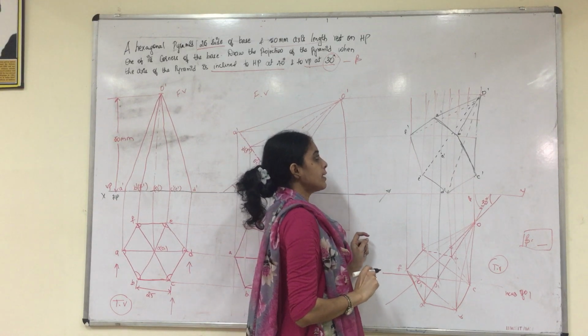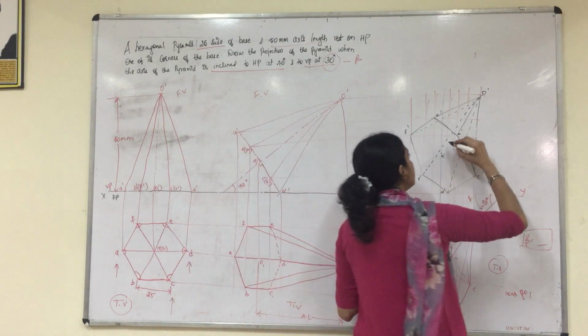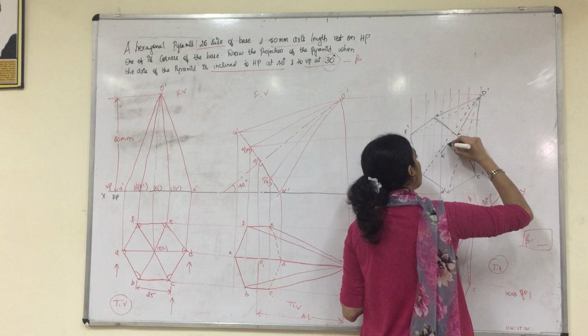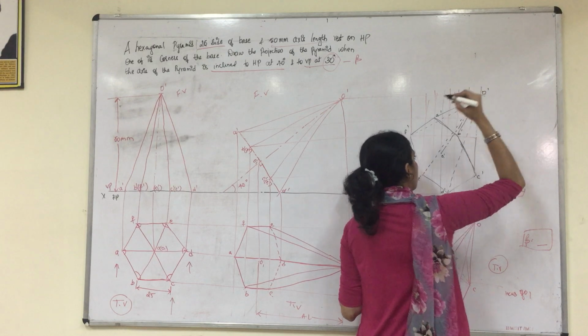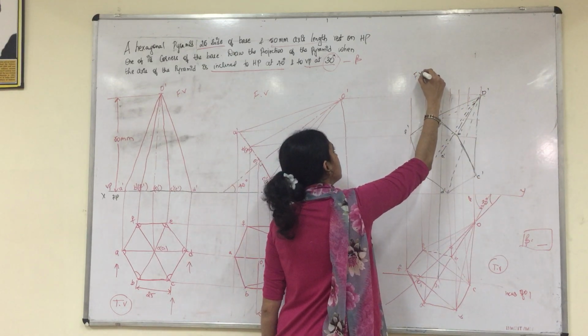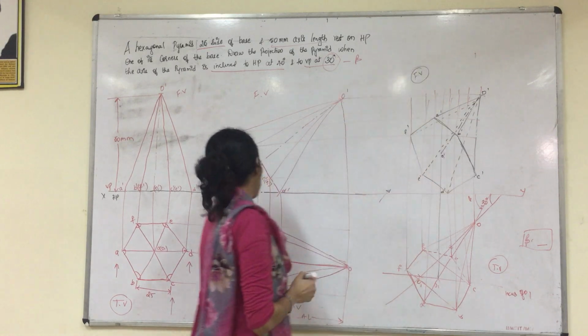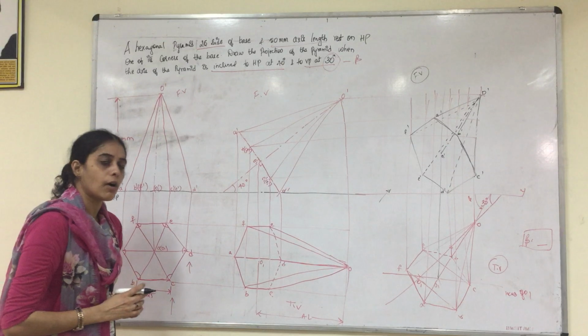Once you show the hidden lines, you should not forget to show the axis line also. So kindly show the axis line from O1 dash to O dash. So this is how the final stage of the front view looks when the given hexagonal pyramid is resting on one of its corners.